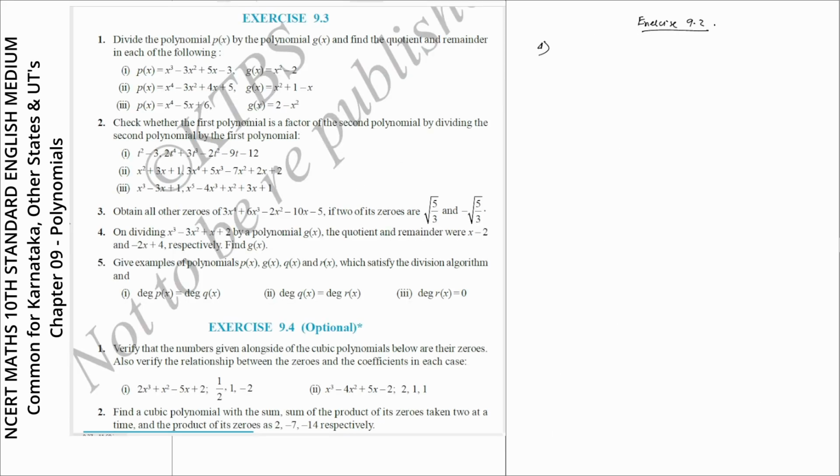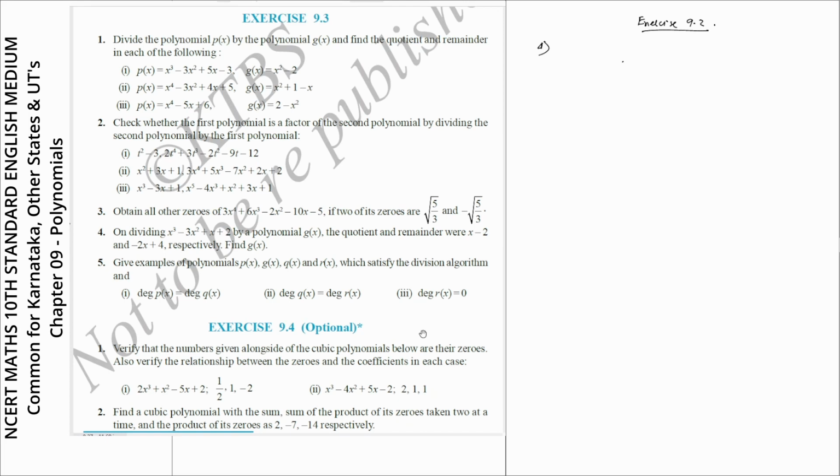Exercise 9.3, question number 4. On dividing x cube minus 3x square plus x plus 2 by a polynomial g of x, the quotient and the remainder were x minus 2 and minus 2x plus 4 respectively. Find g of x.